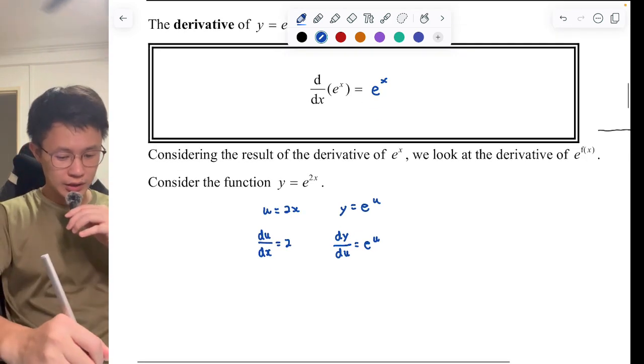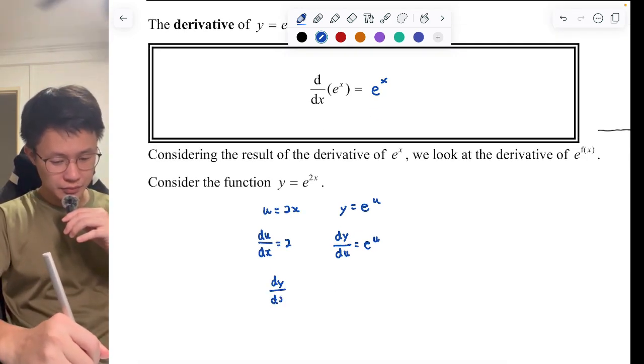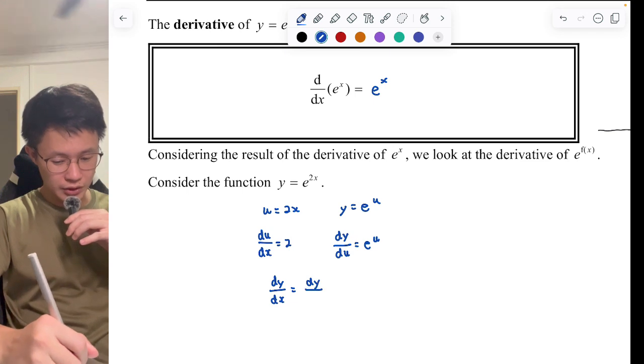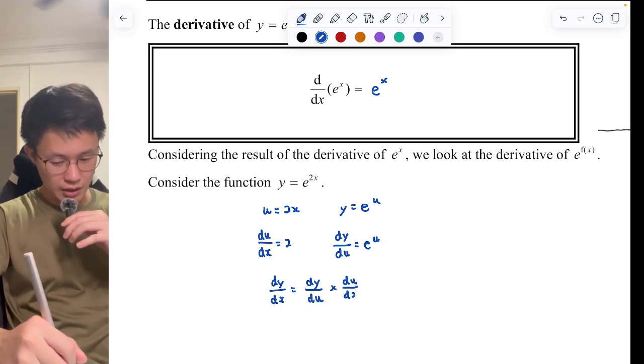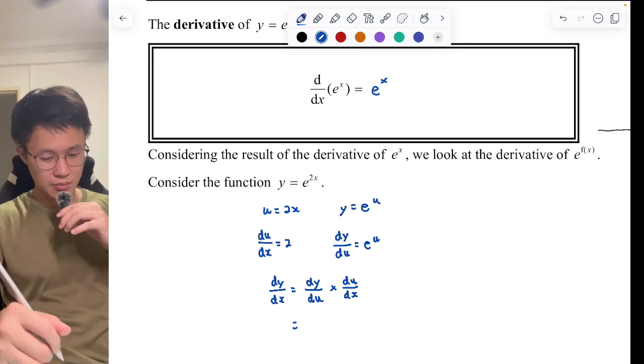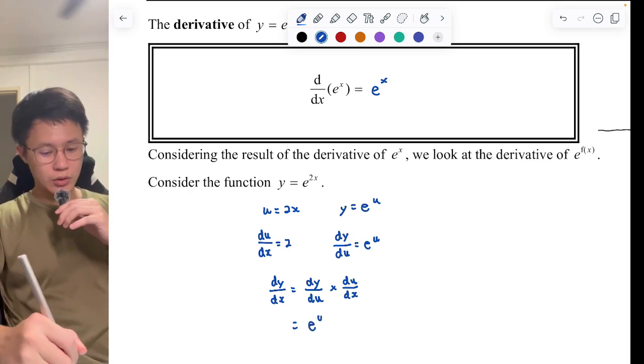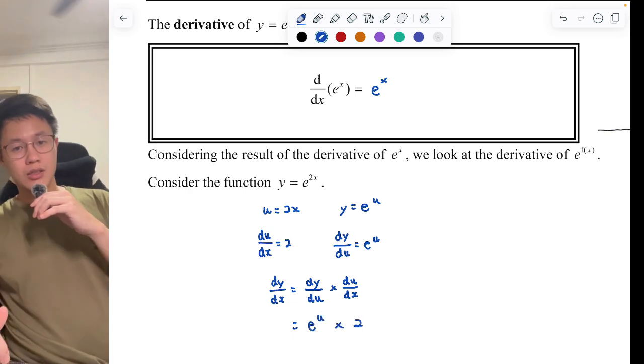So dy over dx is simply dy over du times du over dx. In fact, this is just e to the power of u times 2.